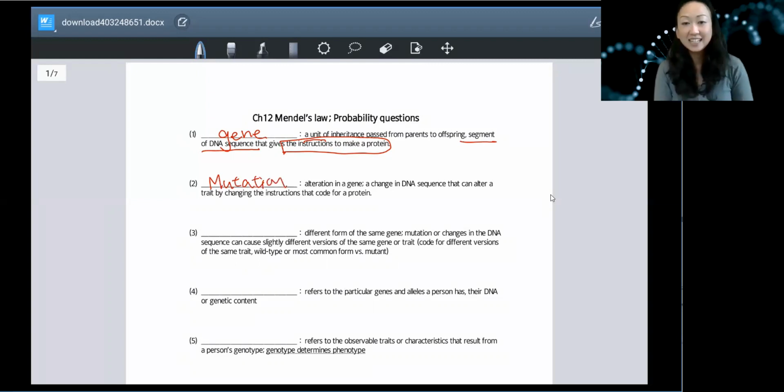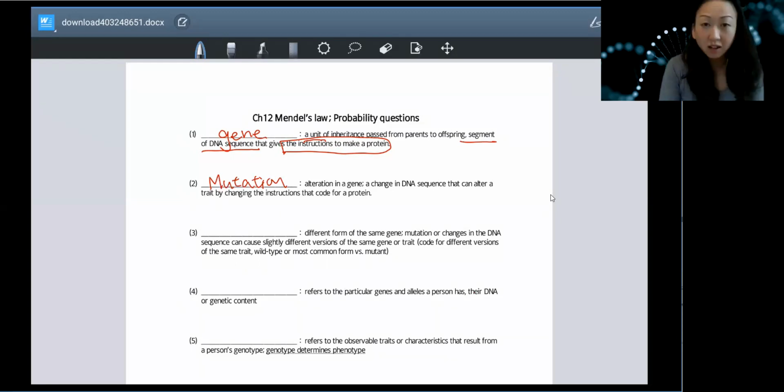Okay, moving on. Next, a different form of the same gene. This I probably only alluded to in the past chapter. The same gene can actually have different forms. This is like hair color. It's all a gene for hair pigment, but there are various different forms of that same gene. This is called the allele.